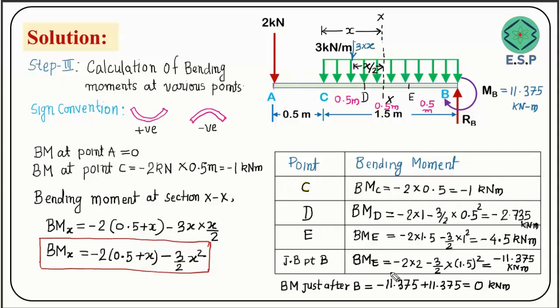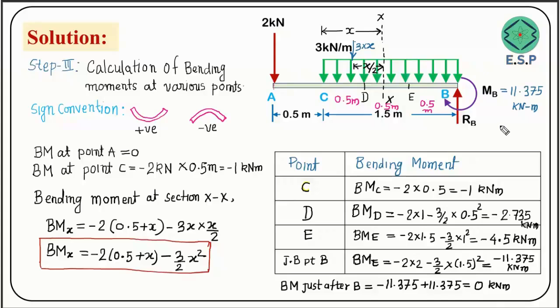So having understood this much concept, we got all the variation of bending moments from A to D. Please remember, whenever a moment acts, while calculating bending moments you have to consider before application of the moment and after application of the moment. So first we will find the bending moment without considering the moment acting at that point, and later we will consider that, and both variations we will represent.